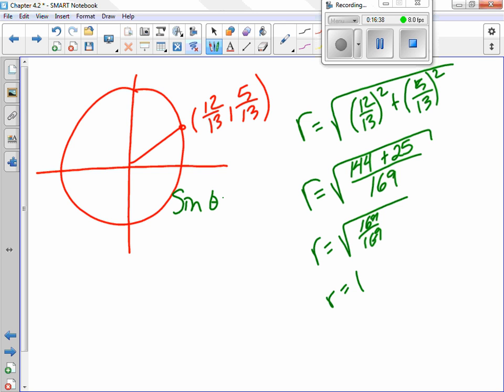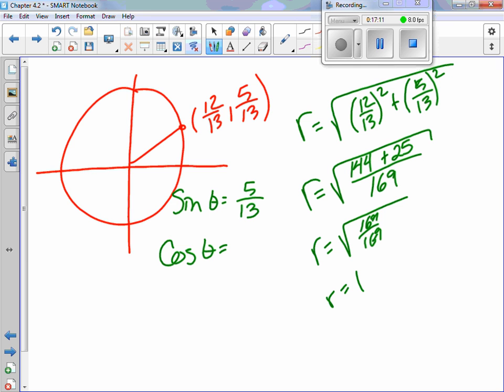So sine of theta is y over r, yes? Well, y is over 1, which is just. So in problems 5 through 8, find the exact value of the 6 trigonometric functions of the real number t.